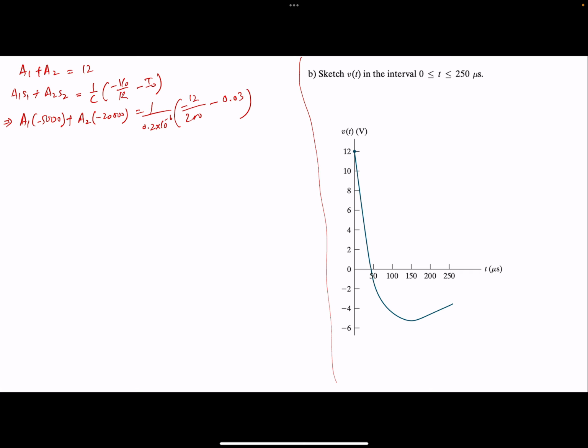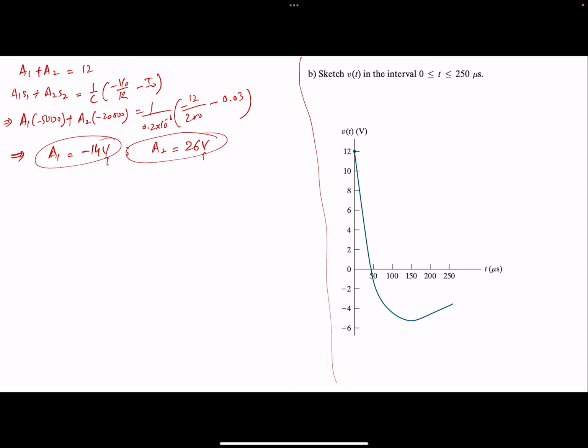If I solve both of these equations, the value of A1 comes out to be minus 14 volts, and the value of A2 comes out to be 26 volts. Again, these are the constants of a second order differential equation where the variable was a voltage, so the units here are volts. You should know the units, otherwise your marks will be cut off in exams too.